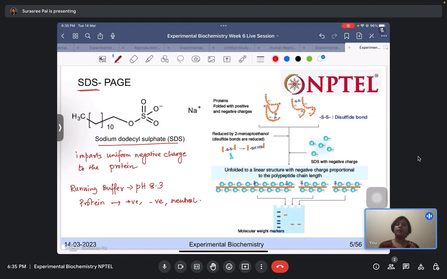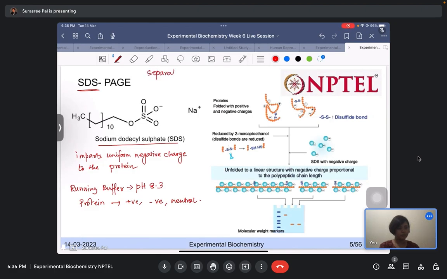If the proteins are differently charged, they will migrate differently when we apply an electric field. But we do not want that. What we want is separation according to the molecular weight of the protein. That is our goal.